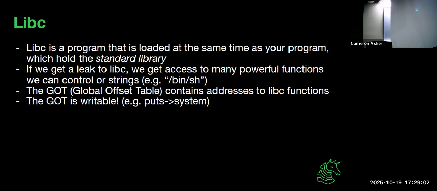If we can get our stack leak and find the global offset table offset to puts, we can overwrite that with an address that we know, like system, and then we can call it with bin sh. Because libc contains a string /bin/sh, and that's pretty standard. If we can call system with bin sh, we just have a full reverse shell into that system.